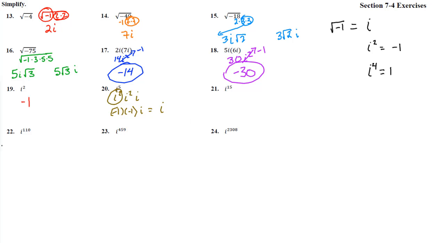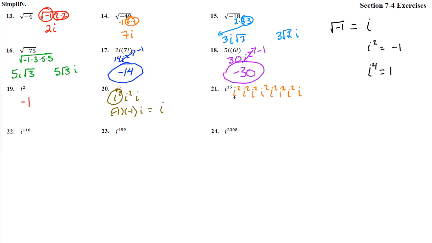All right, 21. i to the 15th power. So there are 15 i's all put together. So let's group them into groups of 2 here. We get i squared, i squared, i squared, i squared. 2, 4, 6, 8, 10, 12, 14, 15.